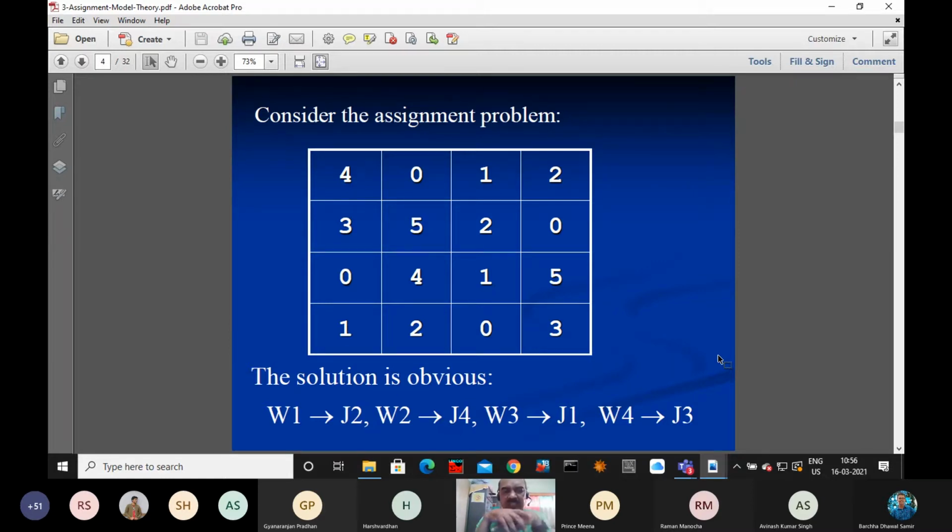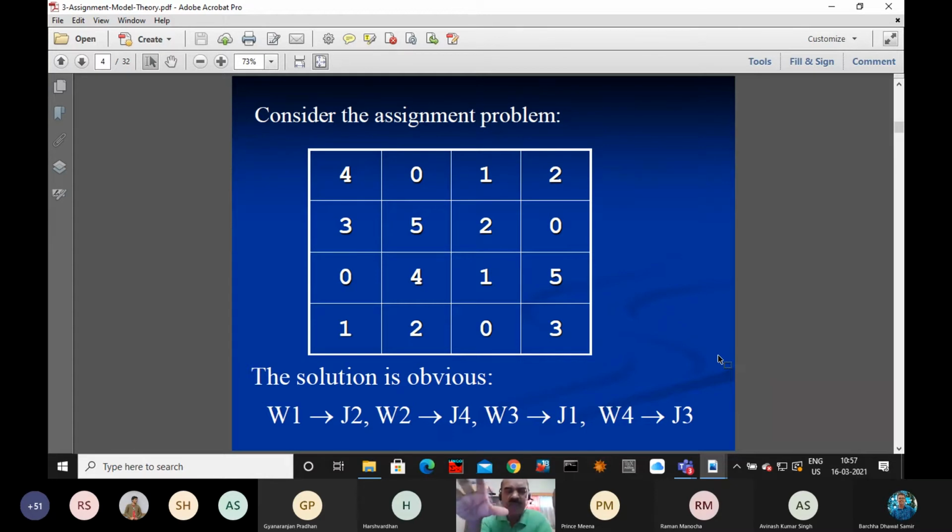For example, in the first row there is a 0, in the second row there is a 0, in the third row there is a 0, in the fourth row there is a 0. Similarly, you will find in the first column there is a 0, in the second column there is a 0, in the third column there is a 0, and in the fourth column there is a 0.